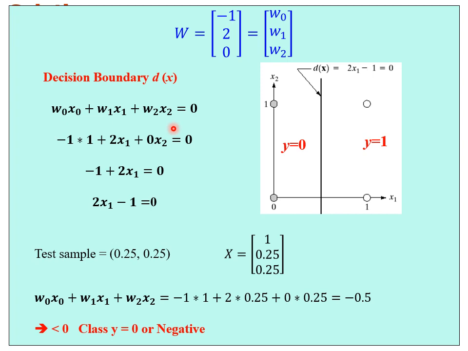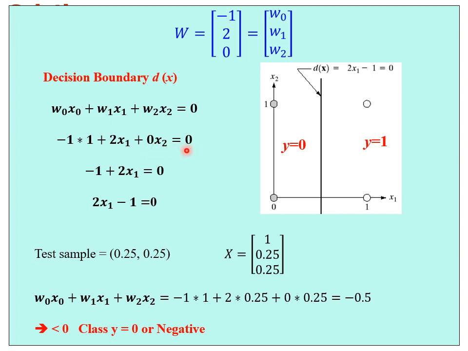If we substitute the values of the respective weights in this expression, we get minus 1 into x0, which is always 1, plus 2 into x1 plus 0 into x2 equal to 0.